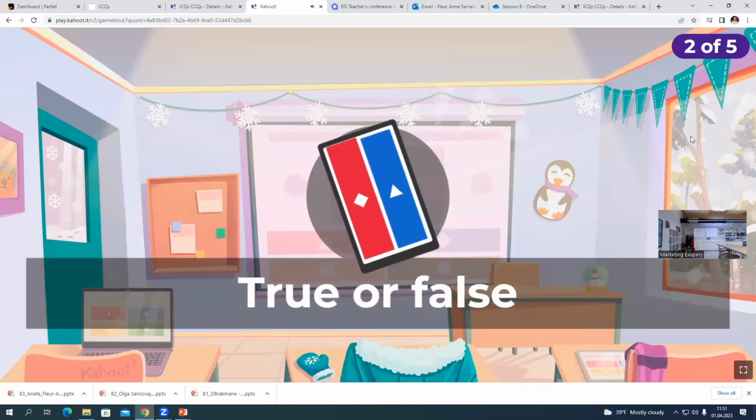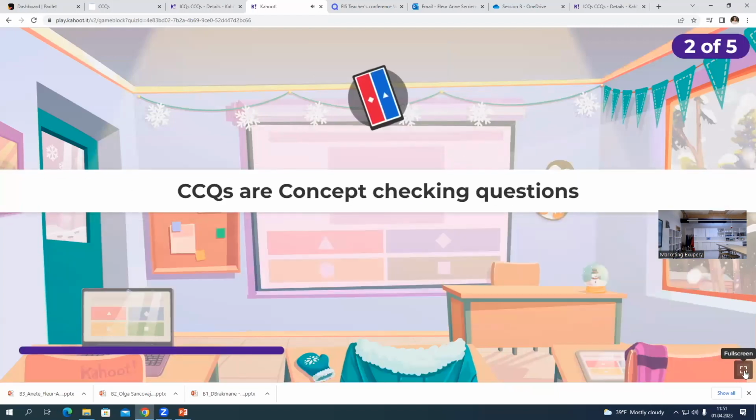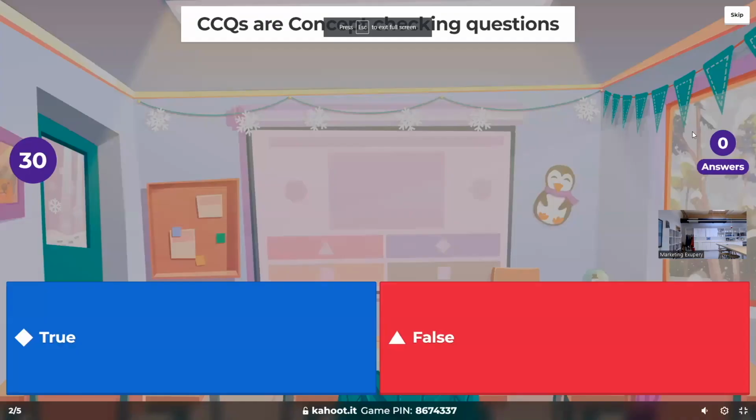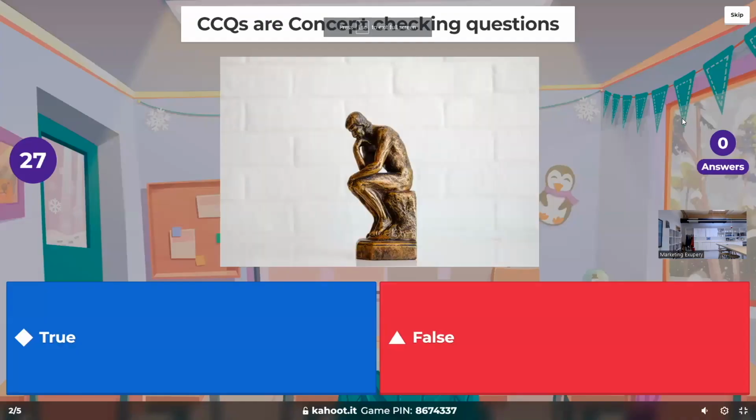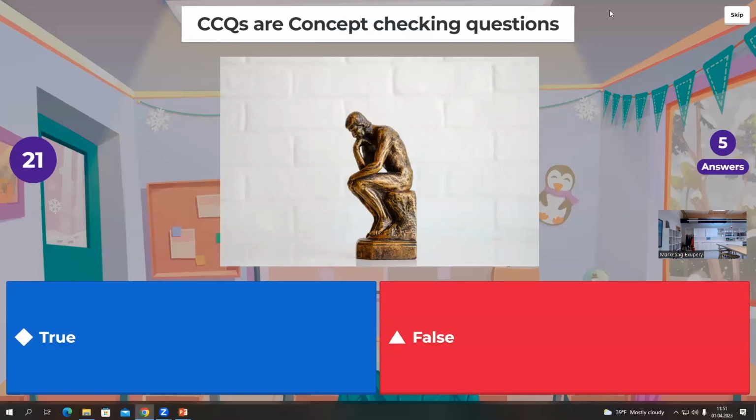Instruction checking questions was the correct answer. True or false? CCQs are concept checking questions. Is it true or false? CCQs are concept checking questions.